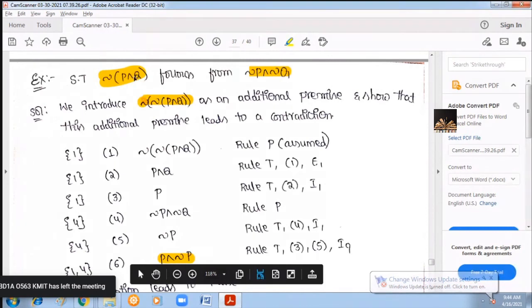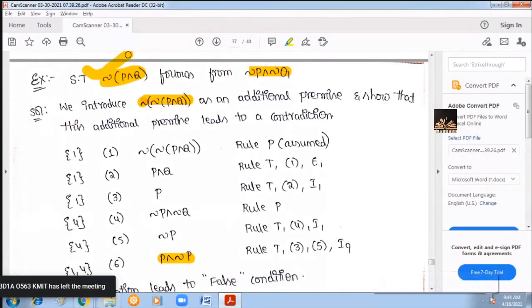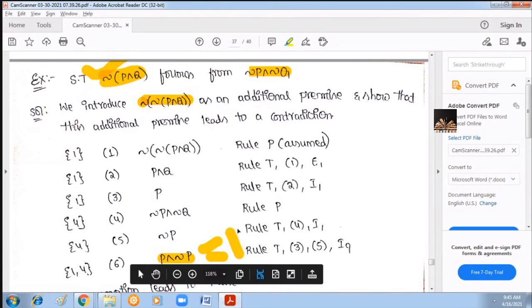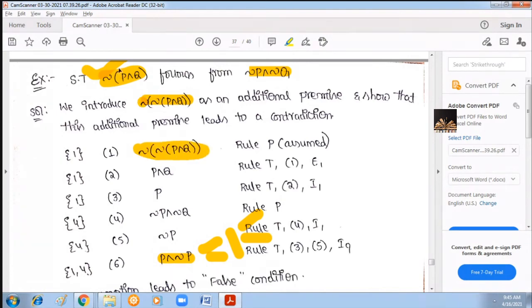But here you need to prove that this is a valid conclusion. So first we will take the negation of that conclusion, and if you get false as your answer, then our assumption is wrong. Our assumption is wrong means the given conclusion is valid. So try to prove that.